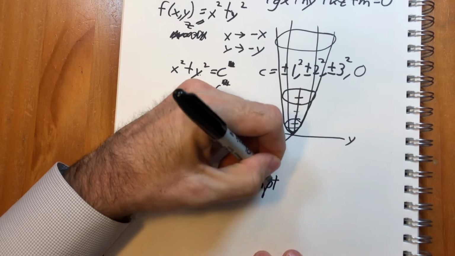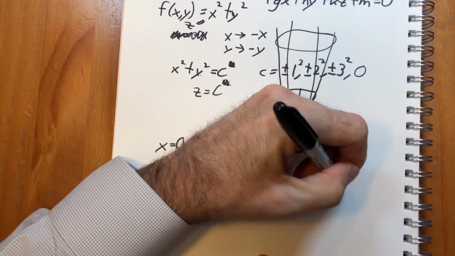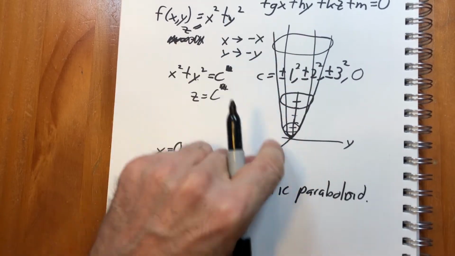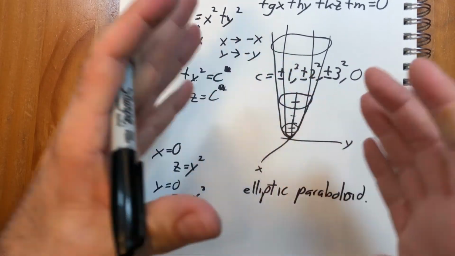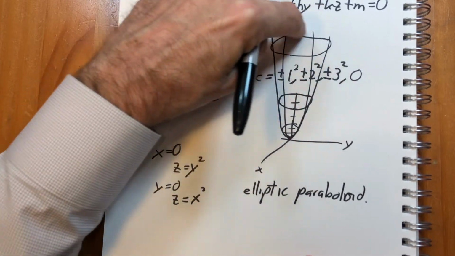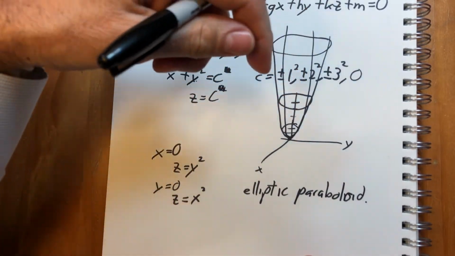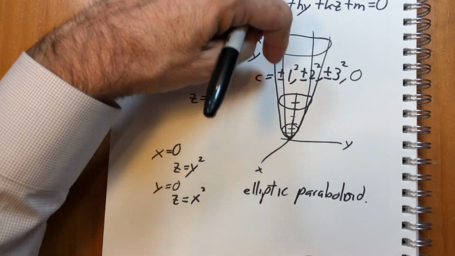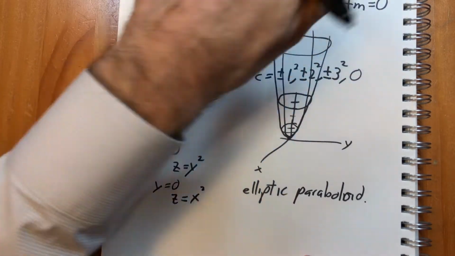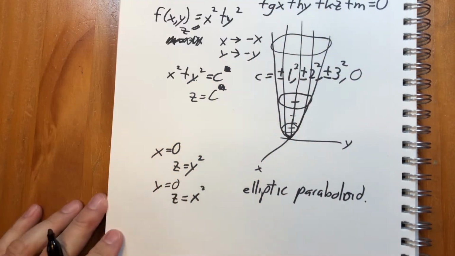And this is called an elliptic paraboloid. So the method works very well. We can tell from drawing it that it's going to be a parabola in 3 dimensions, right? And in this case, it's actually a circle, not an ellipse. So this is also called a paraboloid of revolution because it's symmetric all the way around, rotationally around the z-axis.